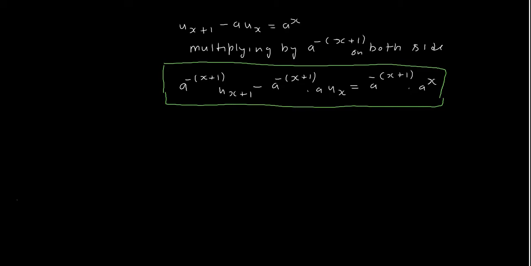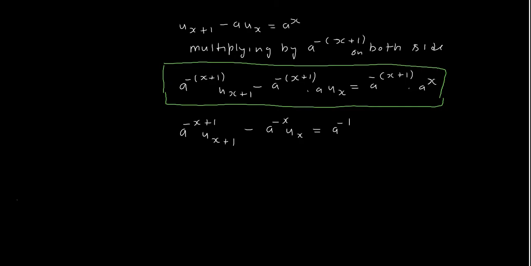The result becomes a to power minus (x plus 1) u(x plus 1) minus a to power minus x u(x) equal a to power minus 1.